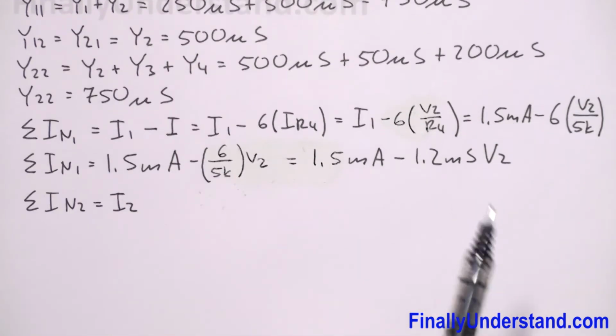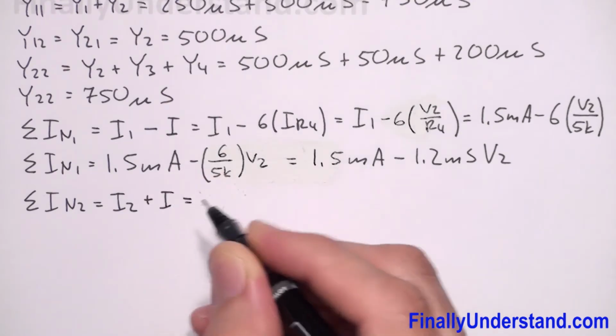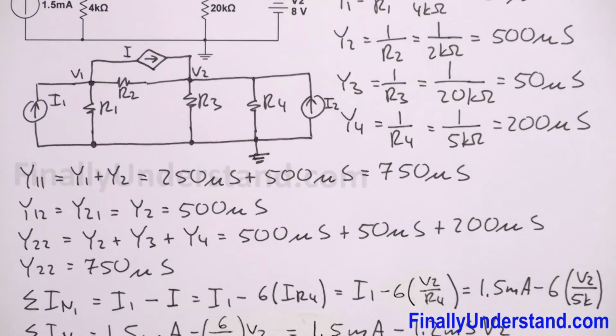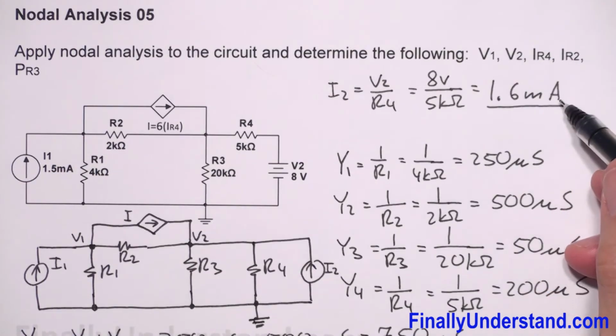We can write that this is also plus I. So this is equal to I2, which is given, we found this already, and I2 is equal to 1.6 milliamps.